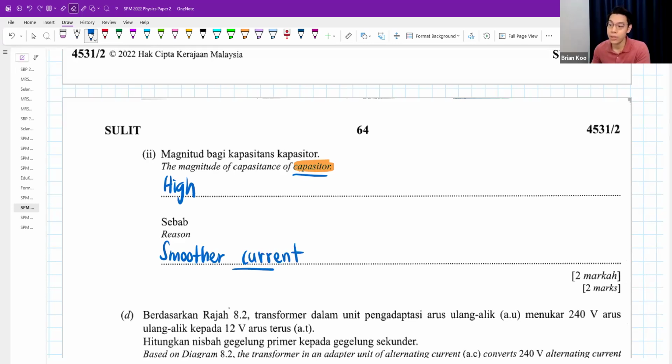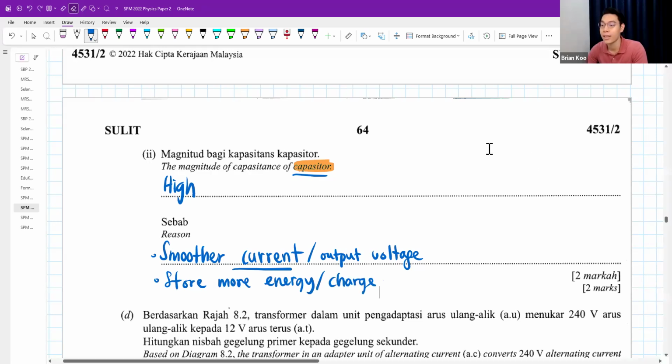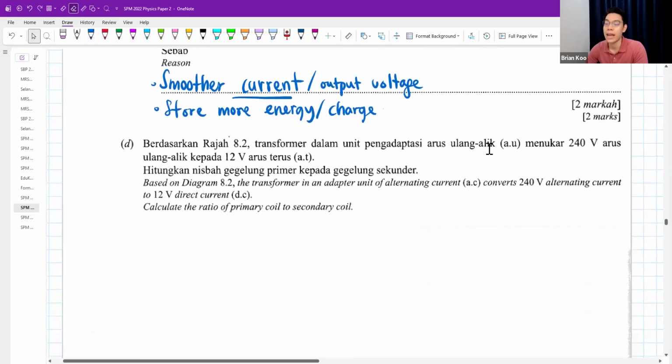You get a smoother output voltage, also can. Or you can say it can store more energy because the job of a capacitor is to store more energy. It can store more charge, also can, right?